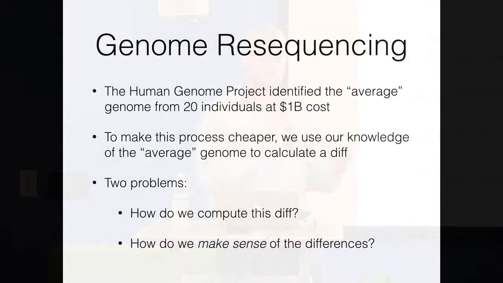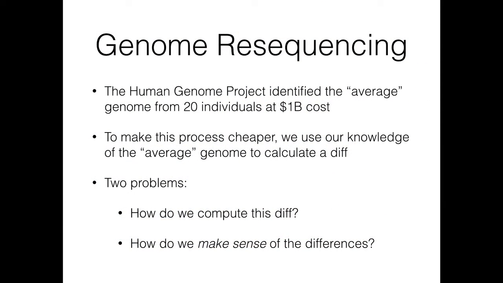The general thing that allows us to do this is a process that we in the field refer to as genome resequencing. Probably everybody remembers back in 2001, there was a lot of fanfare about the Human Genome Project. What the Human Genome Project did was spend $1 billion to generate a really high quality draft of the human genome.